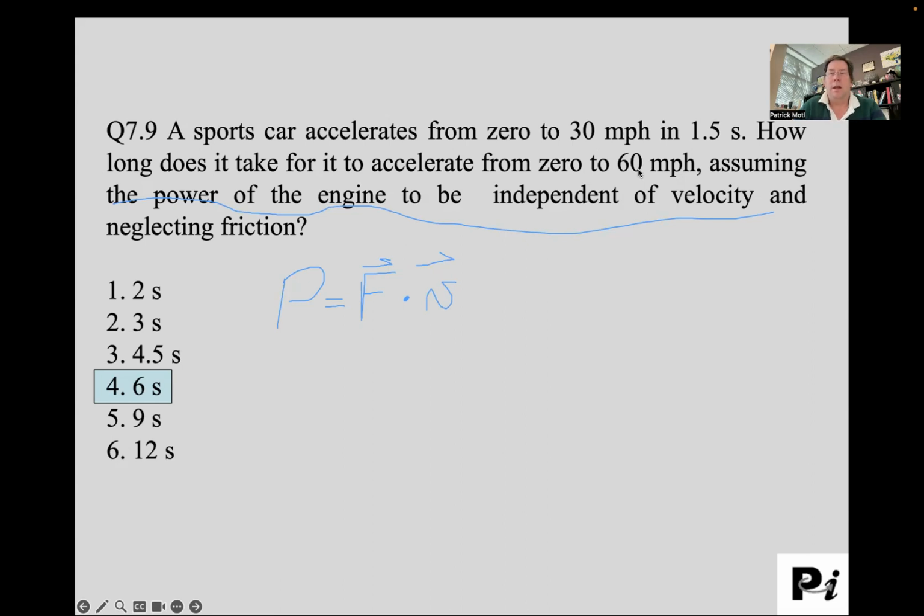That means the work done has to be 4 times bigger, but the power is constant. So to get 4 times more energy transferred to the car from the engine, it's going to take 4 times longer if the power is constant, and 4 times 1.5 seconds is 6 seconds. There you go.